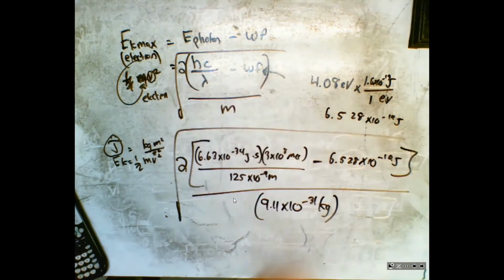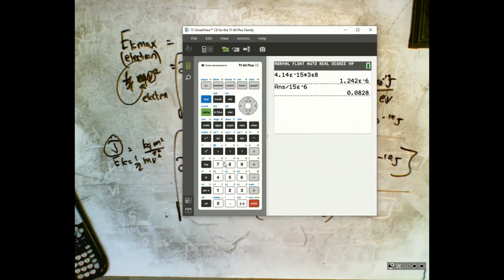So I'm going to use my on-screen calculator, so I'll show you how I type this in. I do all this stuff in brackets. First, I'm going to double bracket to start. So 6.63 times 10 to the negative 34 times the speed of light. So that's my top. And then my bottom is 125 nanometers.